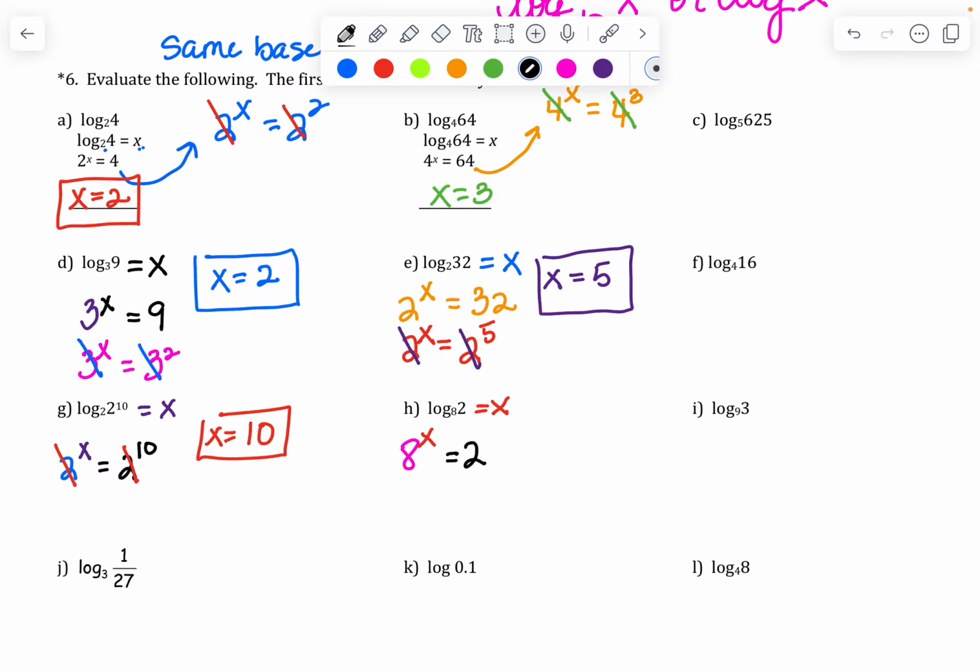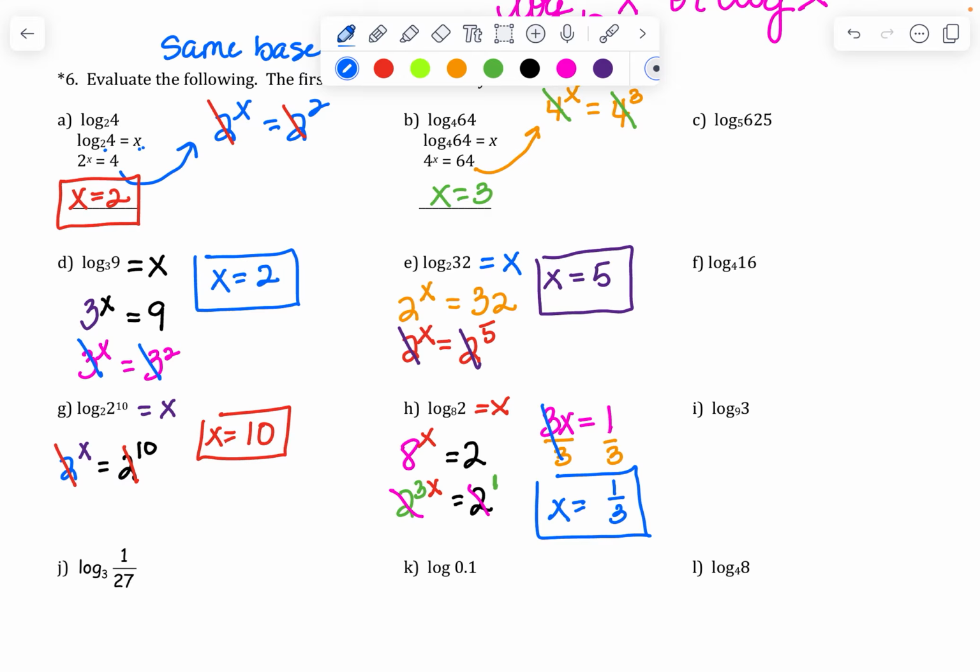So this would be 3 to the x power equals, well, I know 27 is 3 to the third, but because it's in the bottom of a fraction, it's been dropped. So that 3 to the third is 3 to the negative 3 power. The negative shows we dropped it. Cancel those 3s, and x is a negative 3.